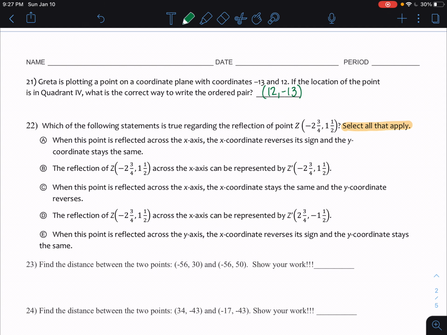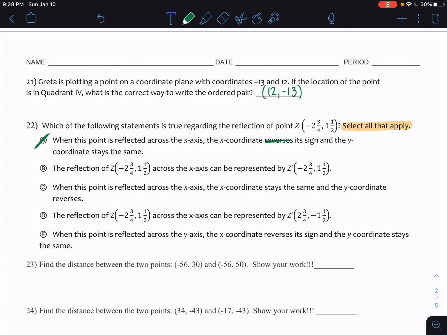So part A says when this point is reflected across the x-axis, the x-coordinate reverses its sign. That is incorrect. So A is not a correct answer. When you reflect across the x-axis, the x stays the same and the y changes.